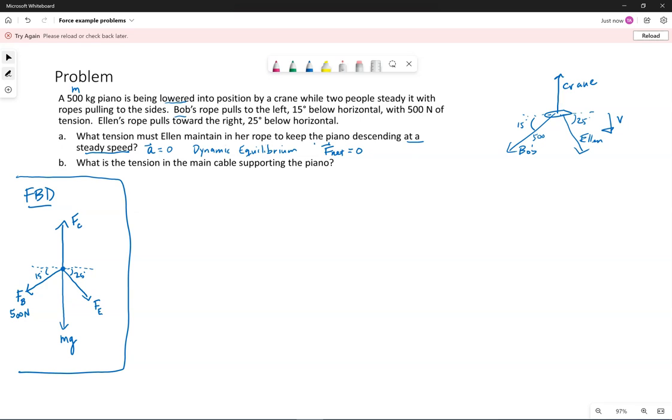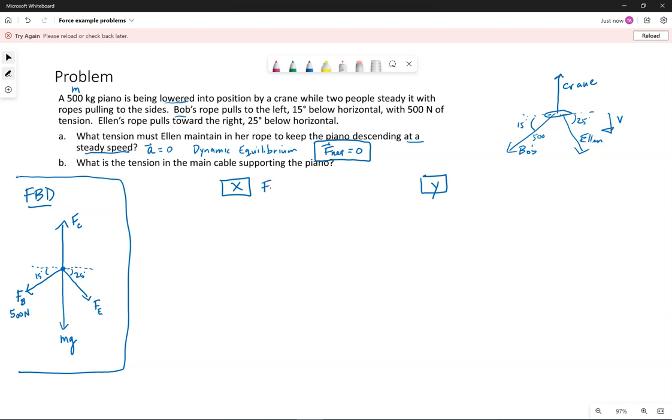From here, because we have an acceleration of 0, because the problem specifically states that they're keeping the piano descending at a steady speed, descending meaning moving downwards, steady speed meaning not speeding up or slowing down. From the free body diagram, we're going to look at the x direction and the y direction.